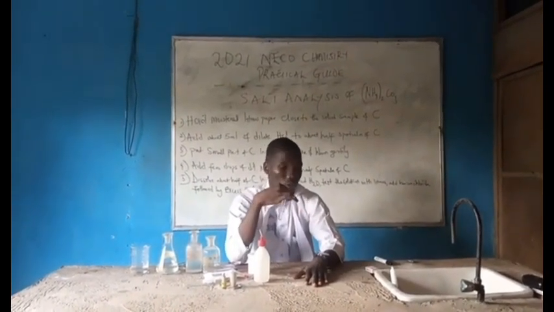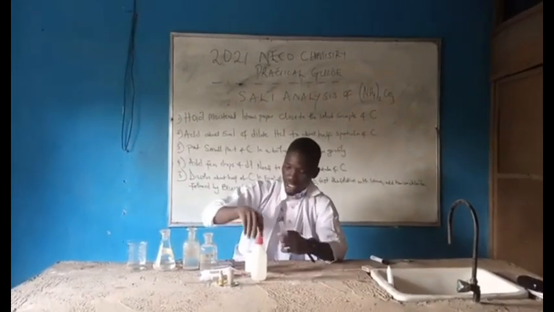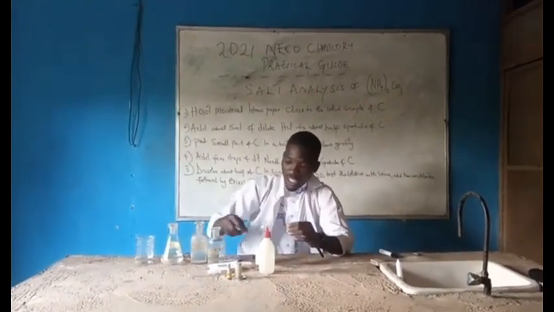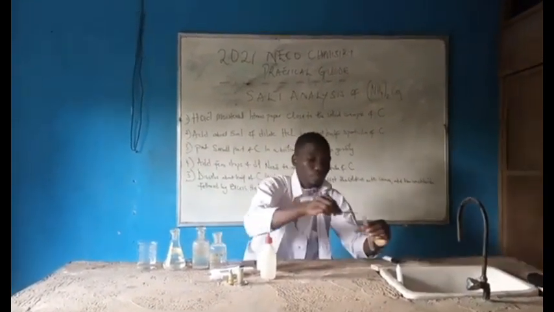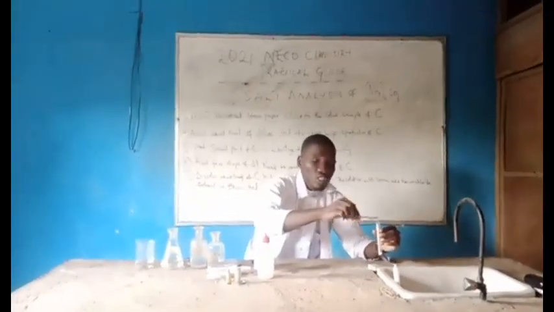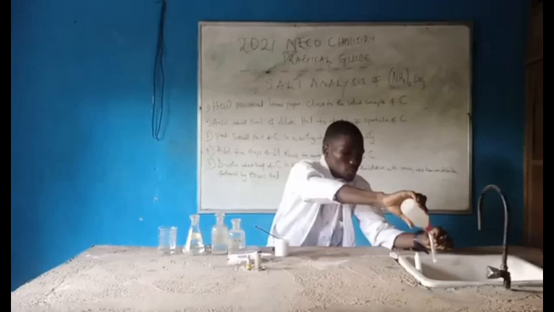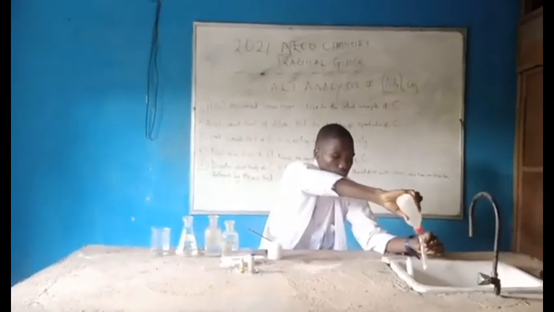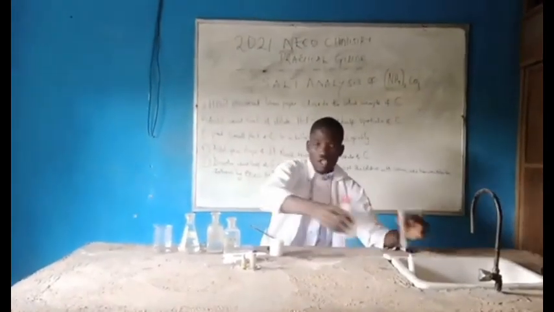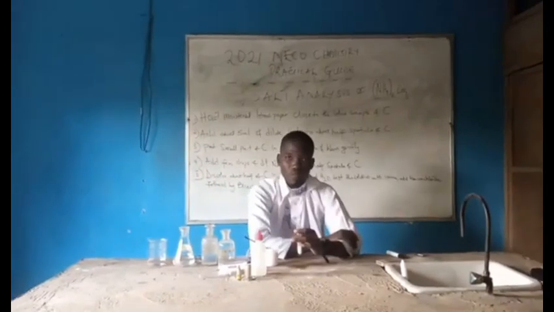So we are going to look at what? The observation. So let's take a look at it now. These are our sample C. We pour it in the beaker with a little distilled water. So when you have this, are you with me now?